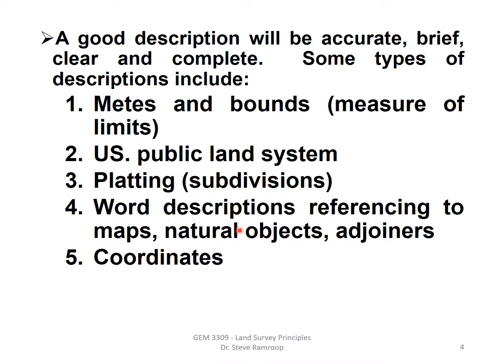Another type of description is your word description, referencing maps, natural objects, and also referencing your adjoiners. And lastly, the fifth type of description is by way of coordinates. Of course, those coordinates would be with reference to a particular projection system and datum, and the type of horizontal and vertical datum.